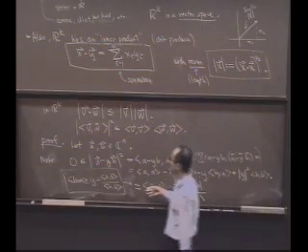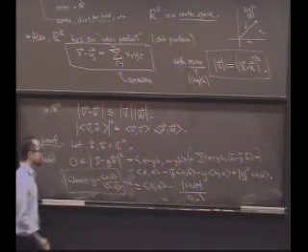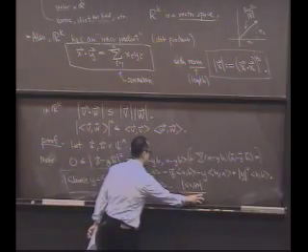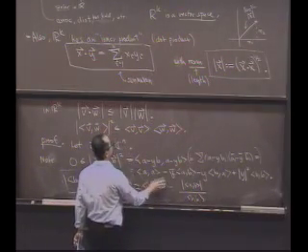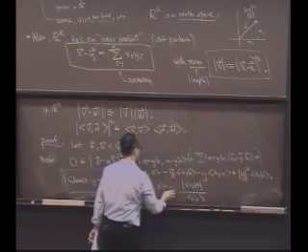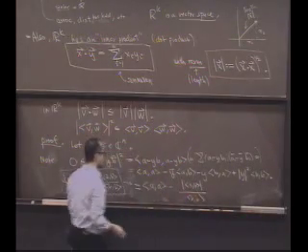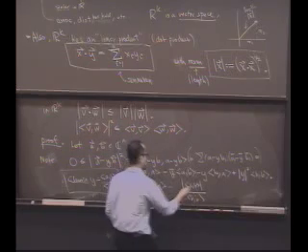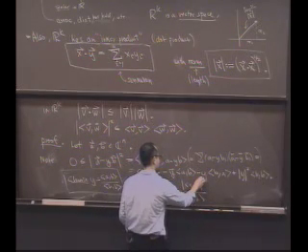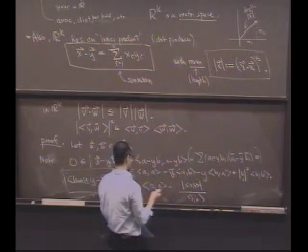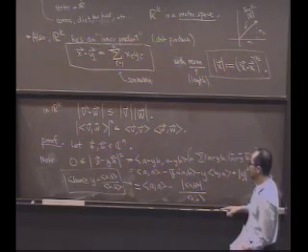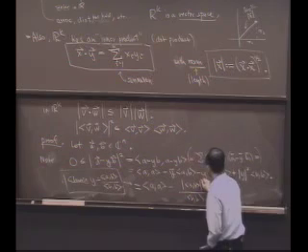Now, this creature is bigger than or equal to 0. That's the same as saying that if I multiply this whole thing by (B, B), I get (A, A)(B, B) minus this thing. I think I've lost a square here. This thing should be squared.